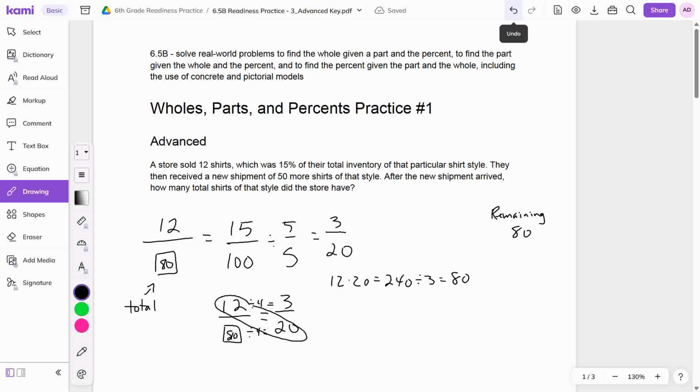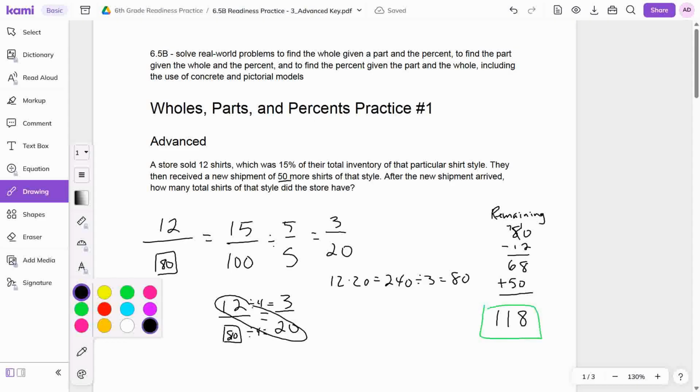They had 80, they sold 12, so now they're going to have 68 shirts. Then they're going to get an extra 50 of that style. So now, here we go. Here's my new inventory, 118 shirts of that style.